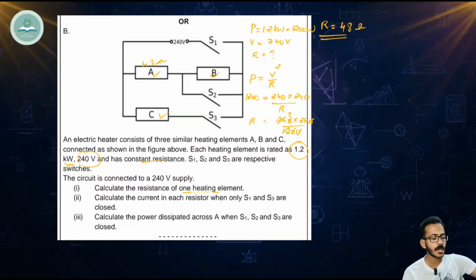Now, second part of the question: calculate the current in each resistor when only S1 and S3 are closed. So they are closing S1 and S3.